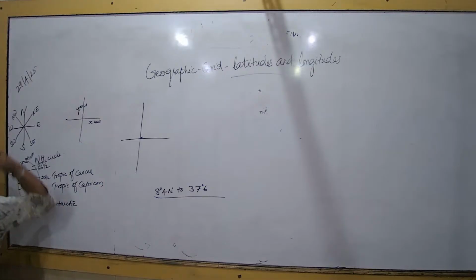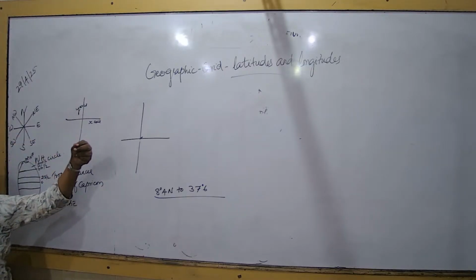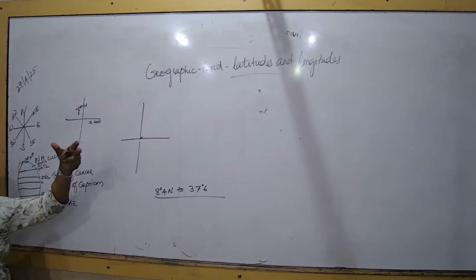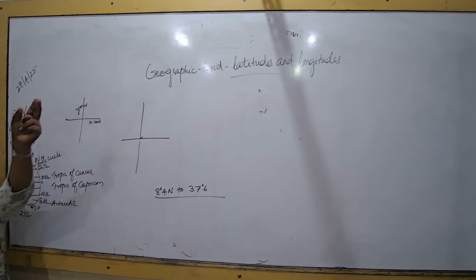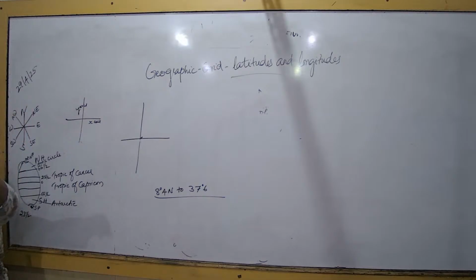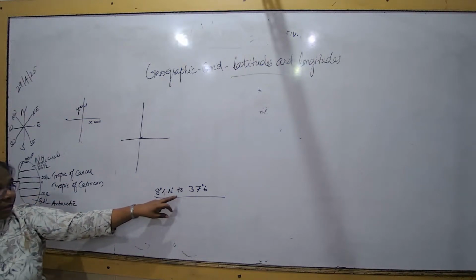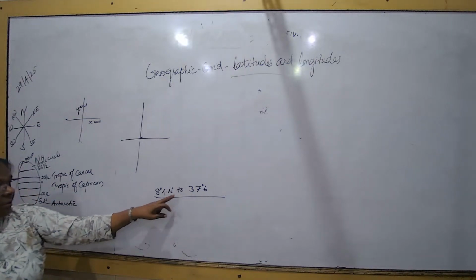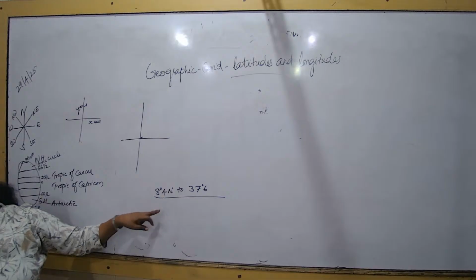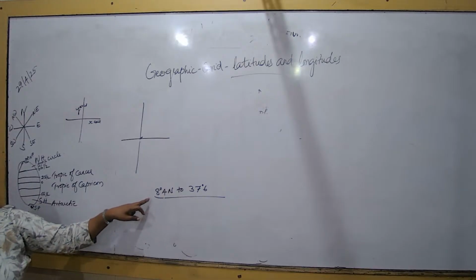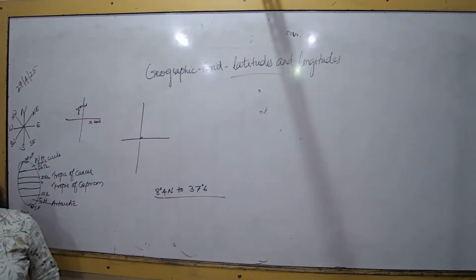Now, when we mention about longitude, 67.8 to 97.25 East. Why is that A? Is that 4? It's 4. Sorry. 84.